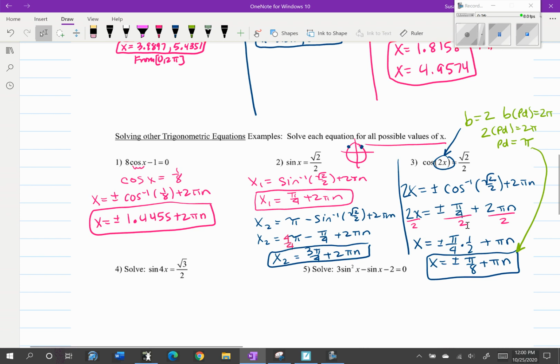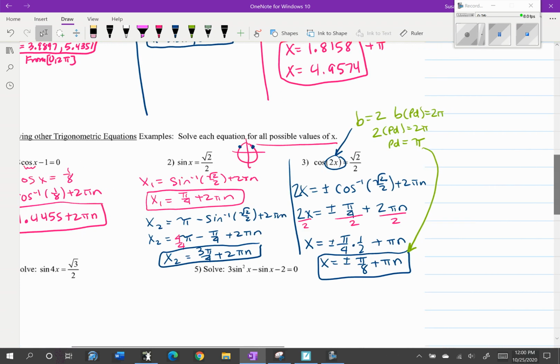Now, would it be incorrect if you had just used the 7 pi over 4, which is, of course, in quadrant 4 of your unit circle? That would have been fine as well, but you still have to divide each of those values by 2. So if you didn't use that negative pi over 4, that would have been fine.